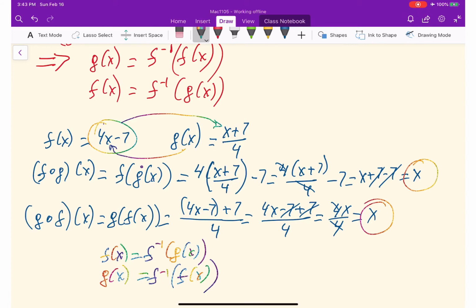All right, this is how we find whether two given functions are inverse or not.